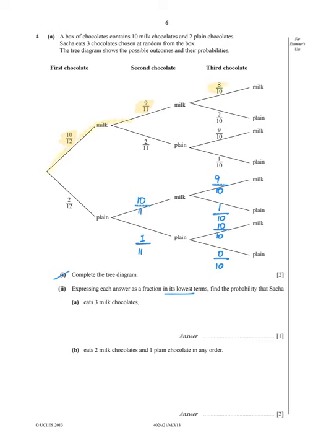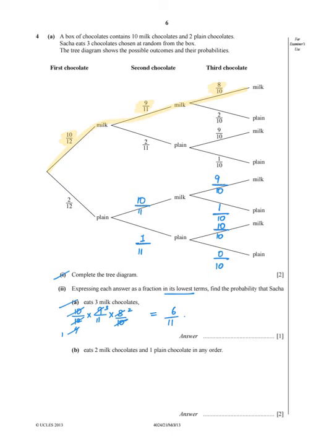So the probability of 3 milks will be 10 divided by 12 times 9 divided by 11 times 8 divided by 10. And now you need to simplify it. So 3 threes are 9 and 3 fours are 12, 4 ones, 4 twos. So that will be left with 6 over 11. That is your first part answer.